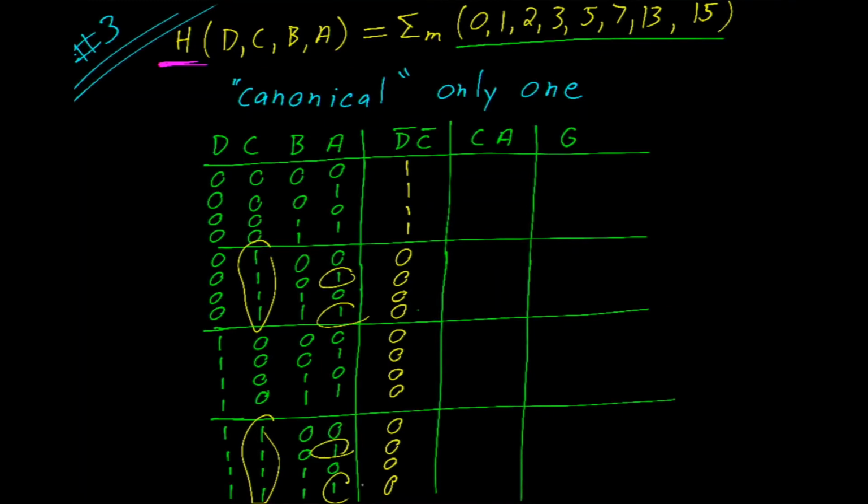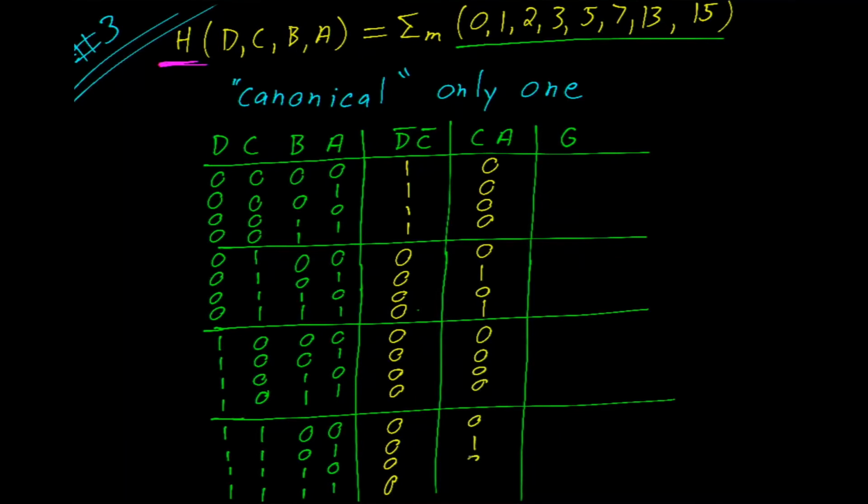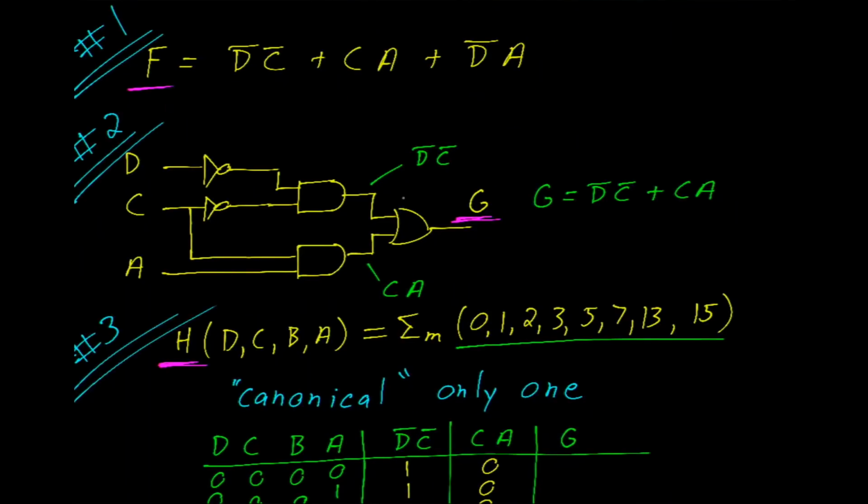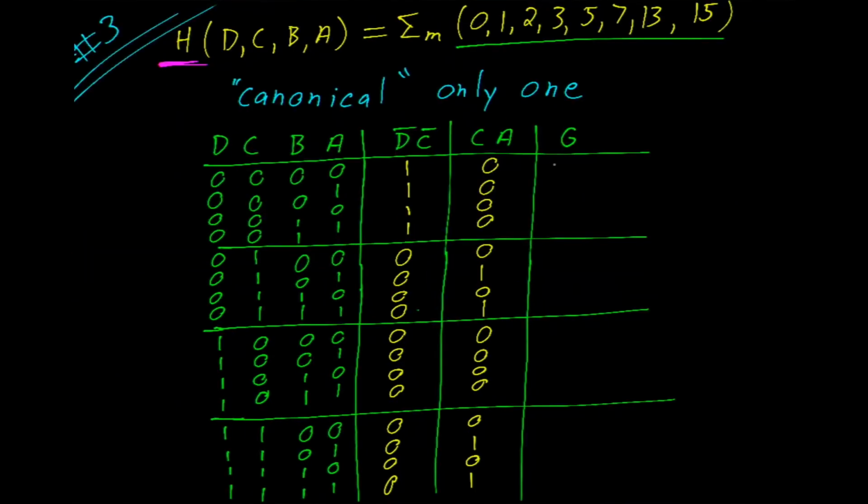That occurs in 4 different spots: 0, 0, 0, 0, 0, 1, 0, 1. Now we OR these two together to form G. Yes, that is an OR gate. So we OR these together, and we end up with 1, 1, 1, 1, 0, 1, 0, 1, 0, 0, 0, 0, 0, 1, 0, 1.